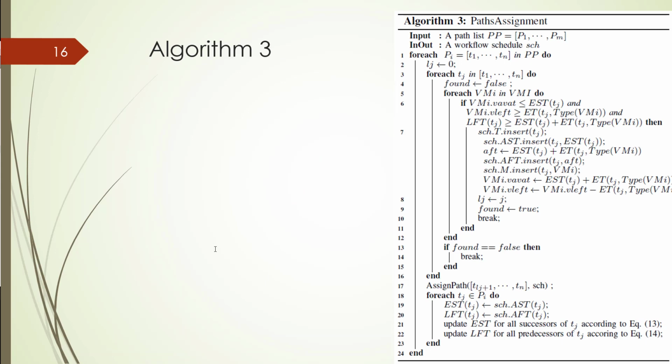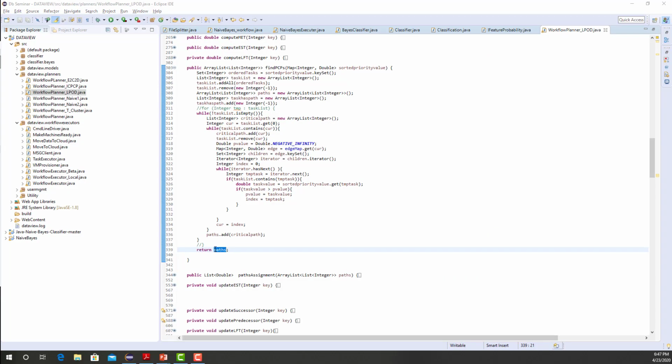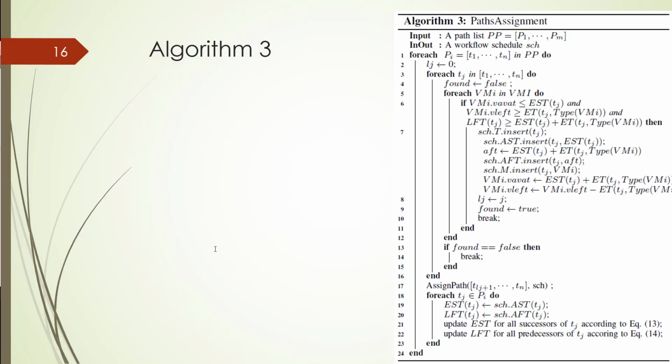So after the partial path, we have the path assignment algorithm. In the path assignment algorithm, we have a path list that is the partial paths from P1 to Pn, and as an output we will have a schedule.